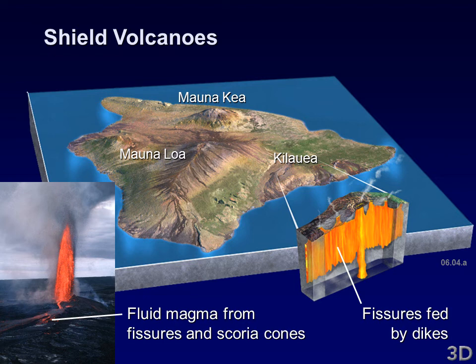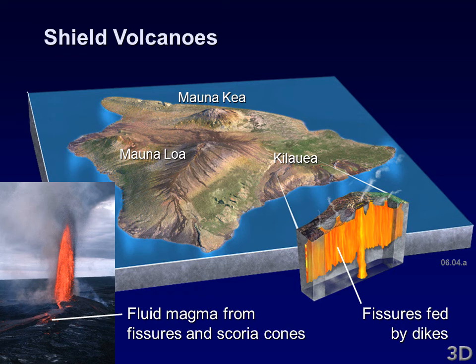So again, dikes are volcanic features where magma is just flowing vertically. Okay, Kilauea is the world's most active volcano. Its eruptions form linear fissures and they are fed by dikes.